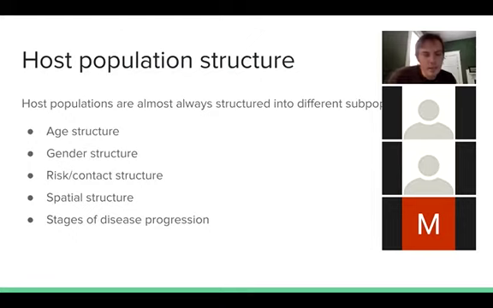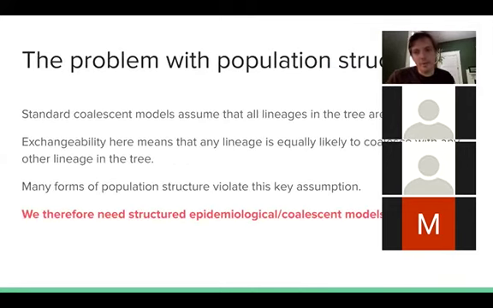And so, as we said when we were thinking about population structure back with simple coalescent models under the Wright-Fisher model, the thing that makes population structure such a problem for coalescent-based inference is that it violates this basic assumption that all lineages in the pathogen phylogeny are exchangeable, or can be treated as identical, because different lineages can be in different populations or different demes, different local geographic regions.